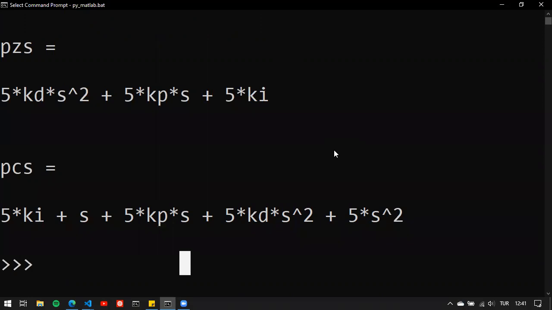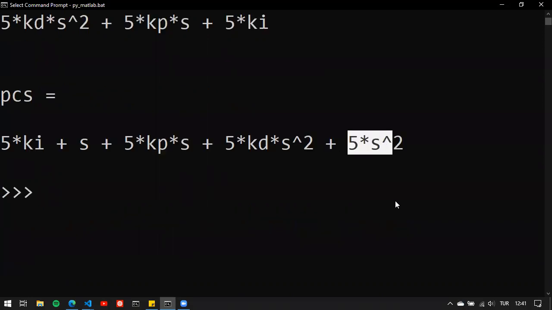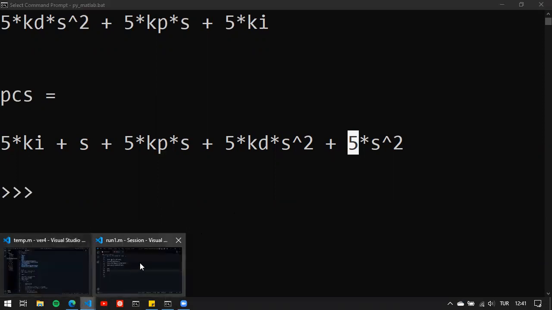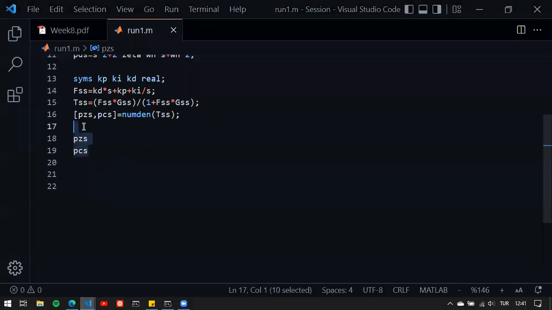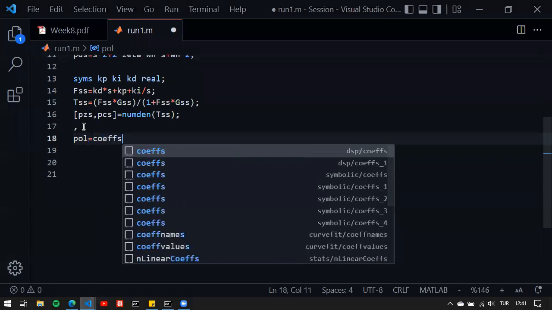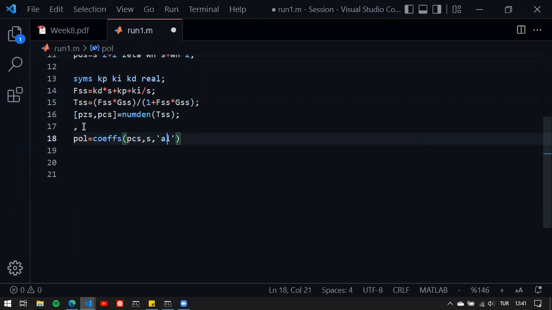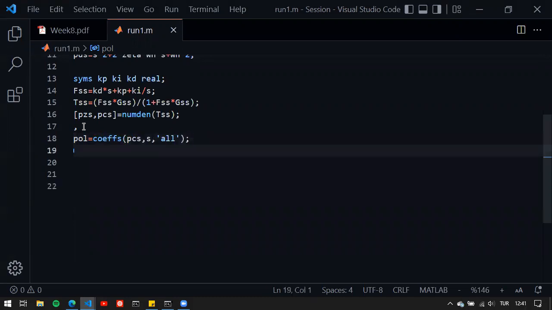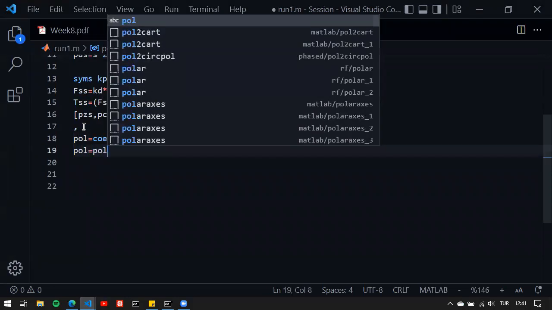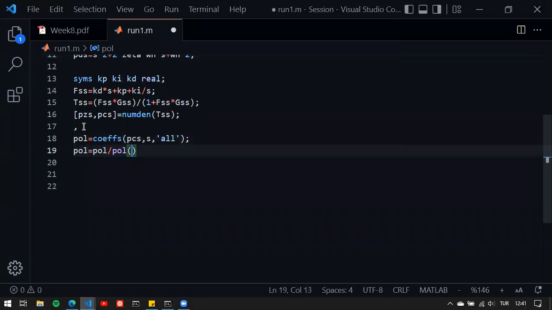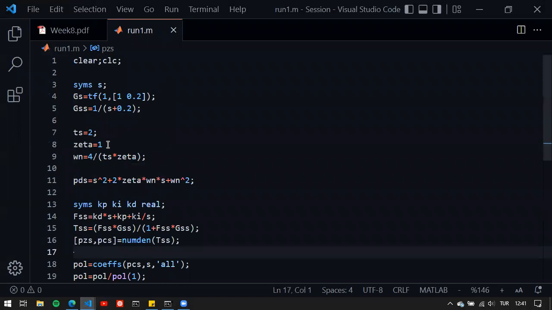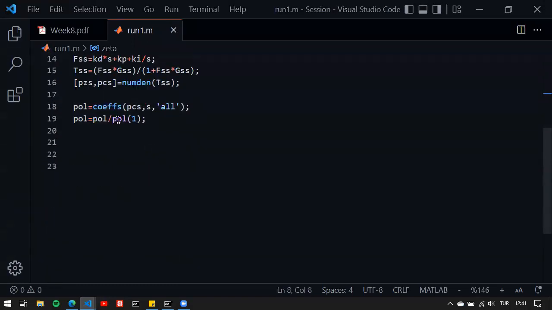What we have to take into account is the fact that the s squared term has a coefficient 5, so we should get rid of it. Let's take the coefficients of the closed loop denominator, and normalize the polynomial with the first coefficient, because this is the highest order term. And also we should maybe put a semicolon here.